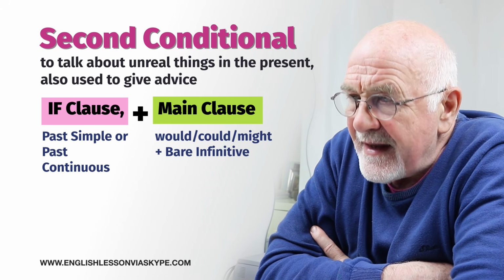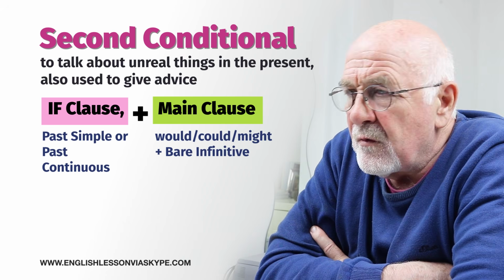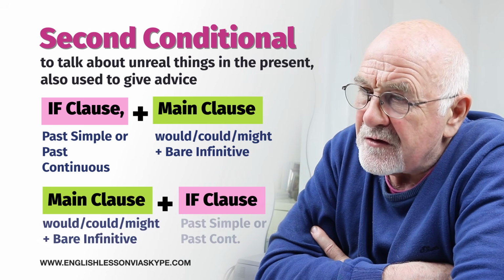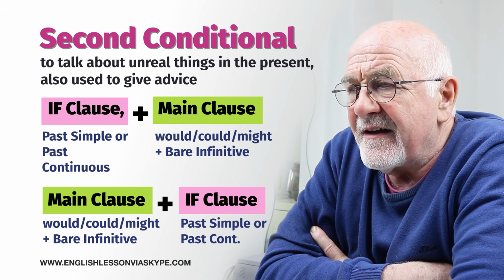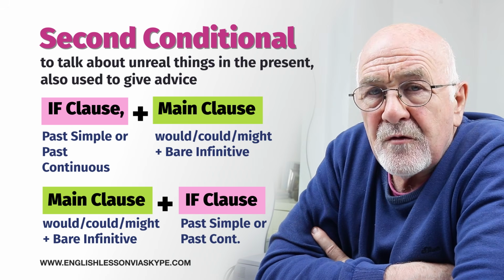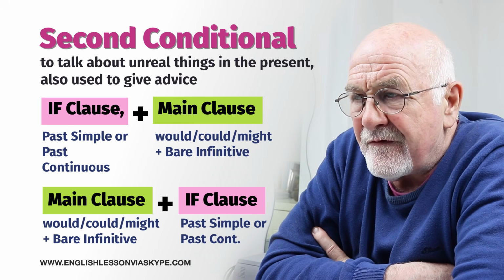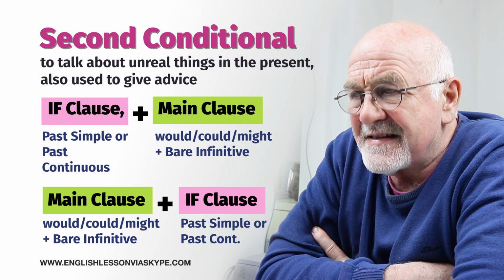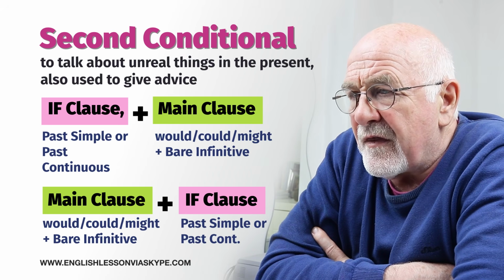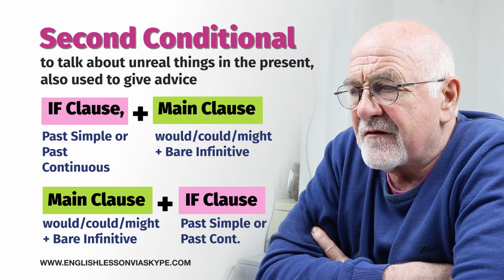So if in the first clause, would in the second, or again, you can reverse them, would in the first clause, and then if in the second. Okay, so it's if, and here we use the past tense. So if plus the past simple, okay, and then would with the bare infinitive of the verb.